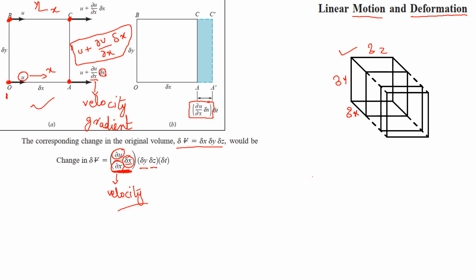So the change in volume is occurring due to the motion along the x-axis only, and due to the corresponding change in that edge, and this change is also occurring at a specific time. So this is what we did. We also represented the change in volume as a function of its position and as a function of its time.